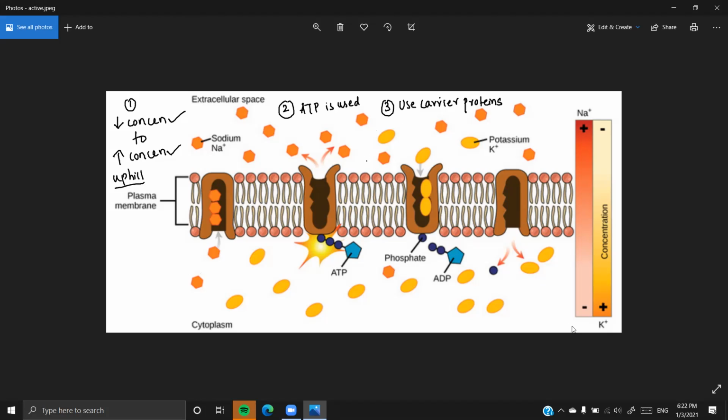And remember, children, active transport with ATP pumps is usually seen in the sodium potassium pumps, and this can also be seen in co-transportation, like we have seen in selective reabsorption in the kidneys.